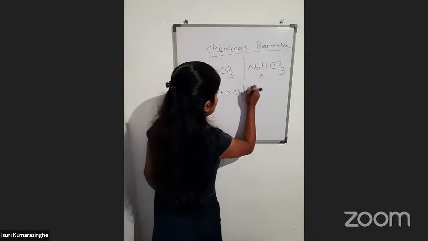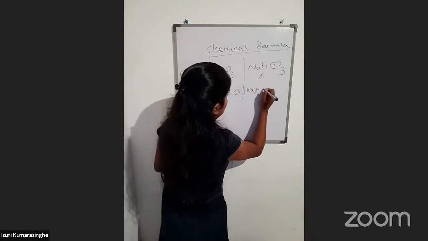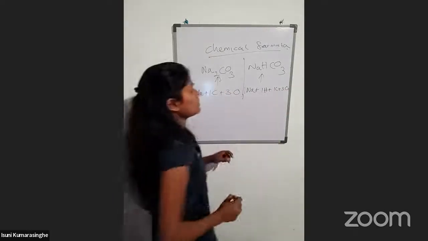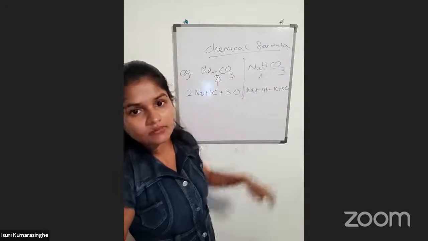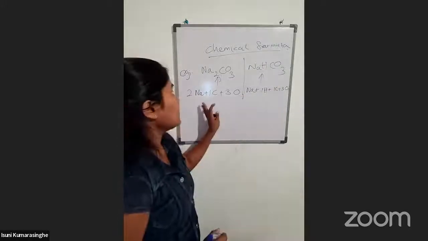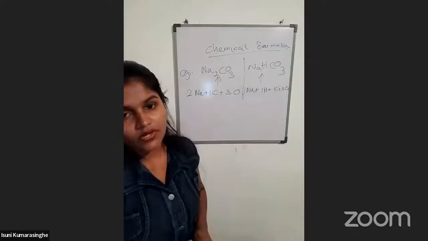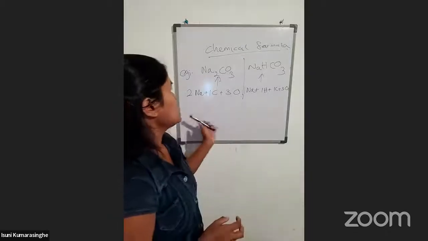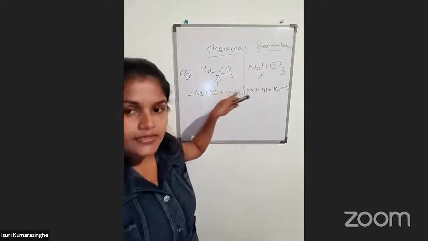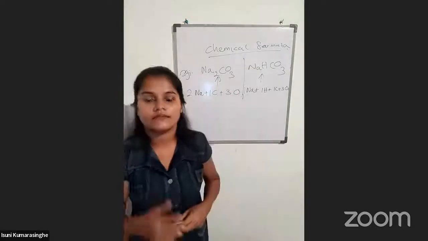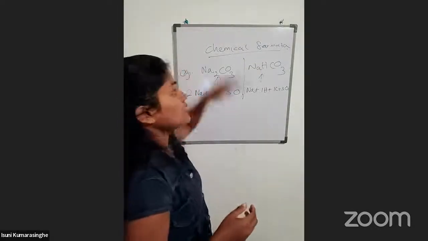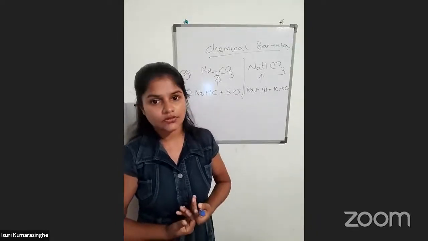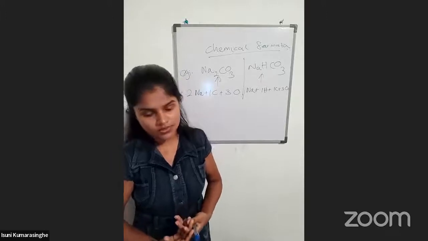Here, 1 sodium, 1 hydrogen, 1 carbon, and 3 oxygen combine to form sodium bicarbonate. That is how we can elaborate a chemical formula: what the elements are and what their ratio is. When you complete this section, we'll describe how to write a chemical formula correctly with the correct element ratios.